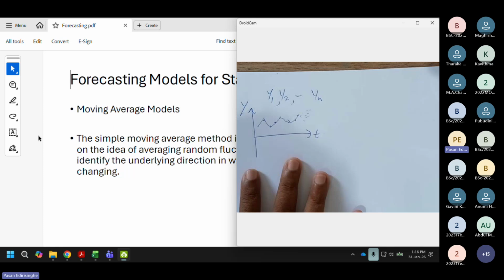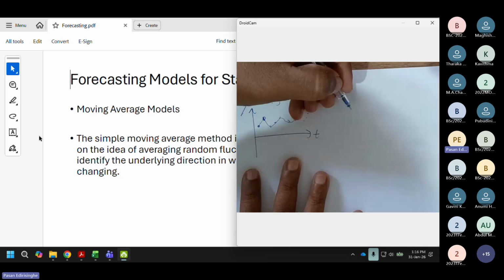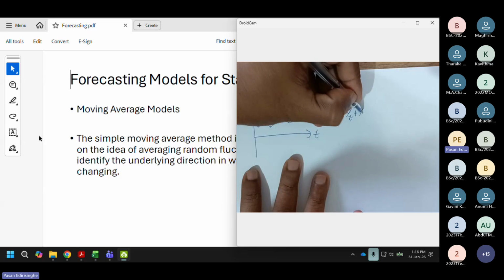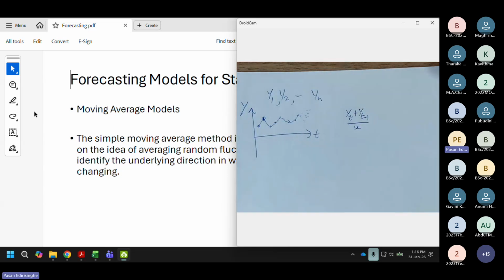The idea is that we can take any number of consecutive observations and take the average. The moving average means we can take yt and yt minus 1 and divide by 2, which is taking two consecutive observations and averaging.